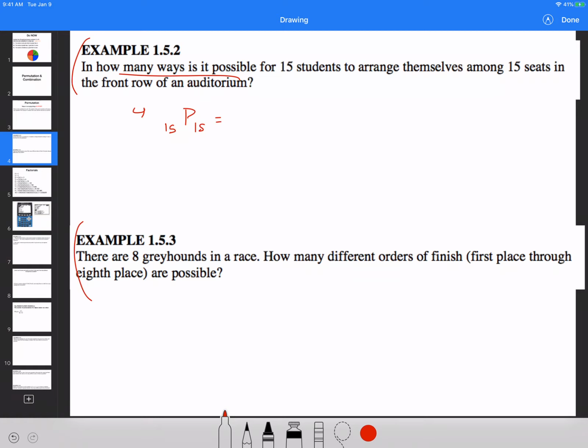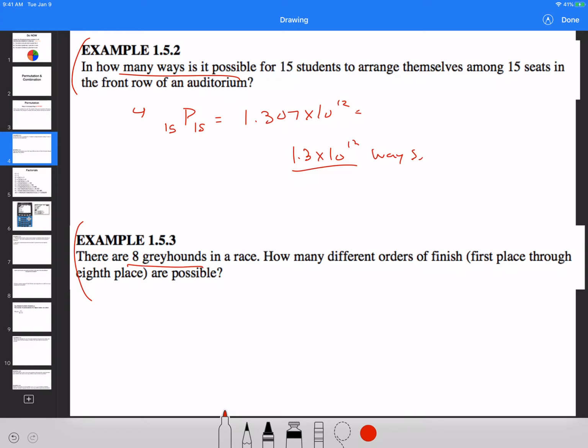Using the formula or using the calculator, if you have access to one of these, you should be able to find the answer, which was 15 factorial, which gives you 1.307 times 10 to the 12th power, which means there's a lot of them. If it's not possible for you to fit the numbers in, this is perfectly fine. I can just say 1.3 times 10 to the 12th ways in which this could be arranged.